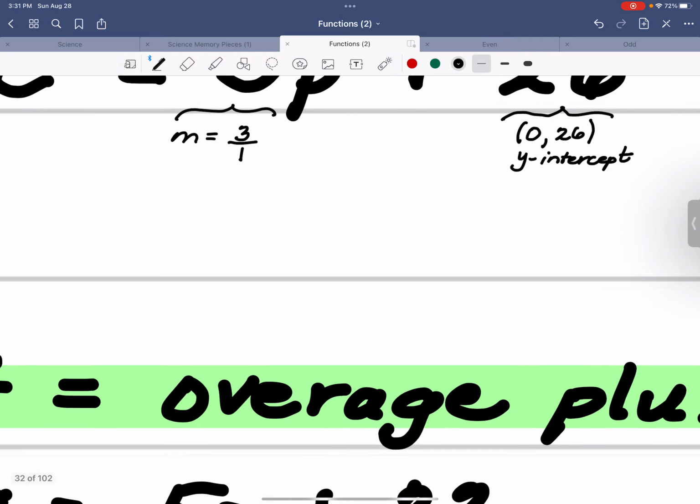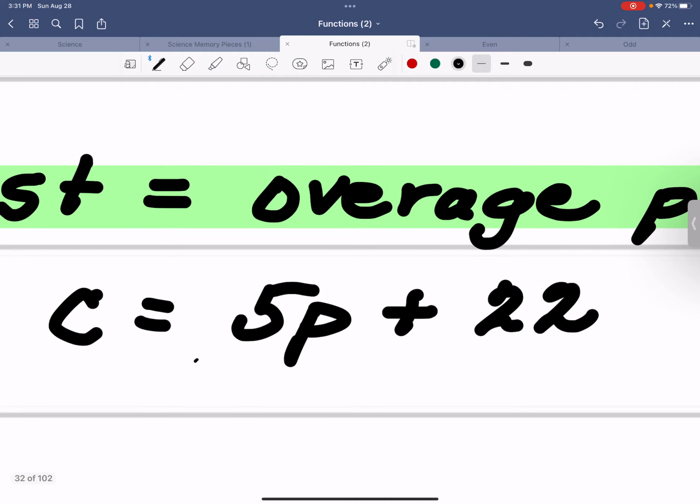Okay, and then in this formula, slope is 5/1, and the y-intercept is at 0, 22.